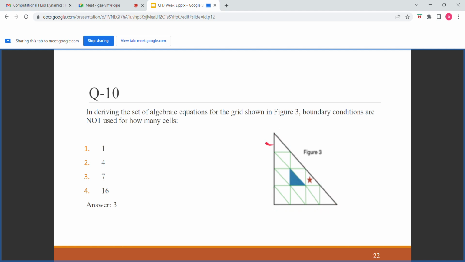So the cells adjacent to this boundary would definitely have a boundary condition applied. If we neglect these cells and count the remaining cells, we can see how many cells are not using boundary conditions. So this cell is using boundary conditions, this cell is also using, and this cell we are not using. That is, this one is not using any boundary condition.